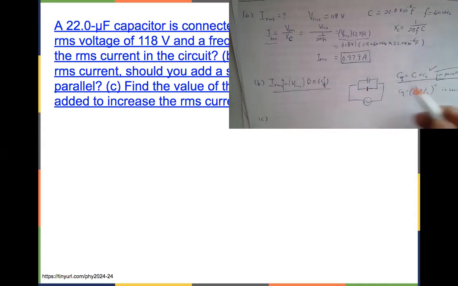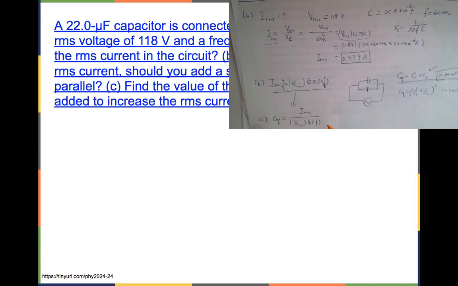Once we figure this out, because the frequency is given, and this is the new 1.5, we can solve for it. Then, since C1 is given as 22, we can solve for your C2. So we are going to solve for CEQ first. CEQ is equal to IRMS divided by VRMS times 2 pi f. If you go from there to there, you pretty much divide everything by V 2 pi frequency.